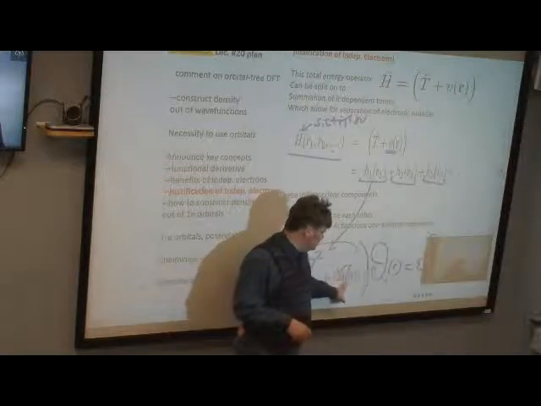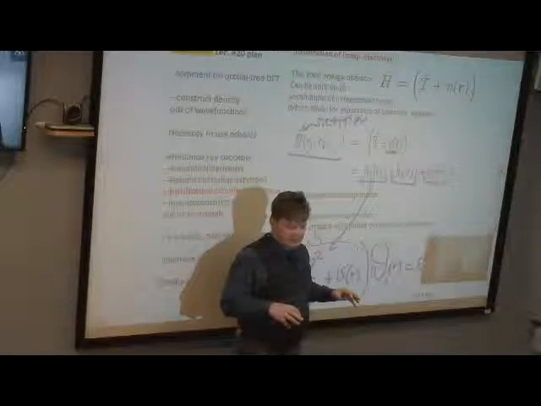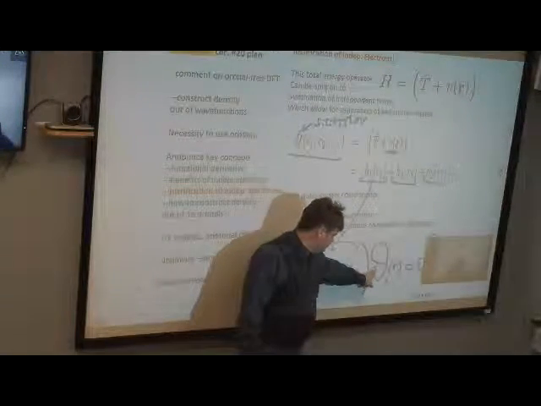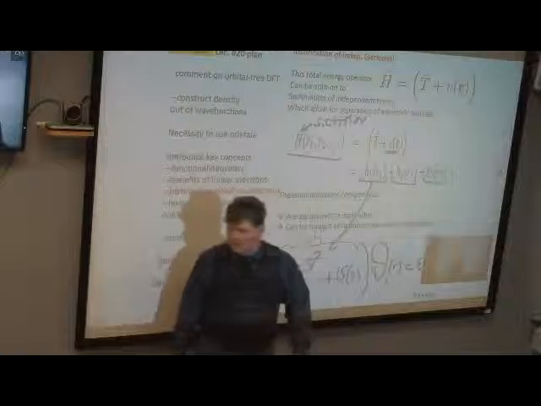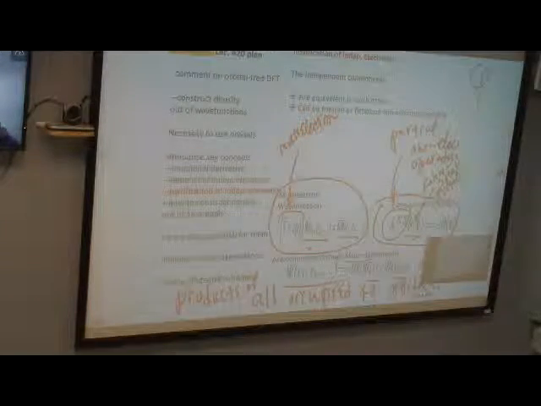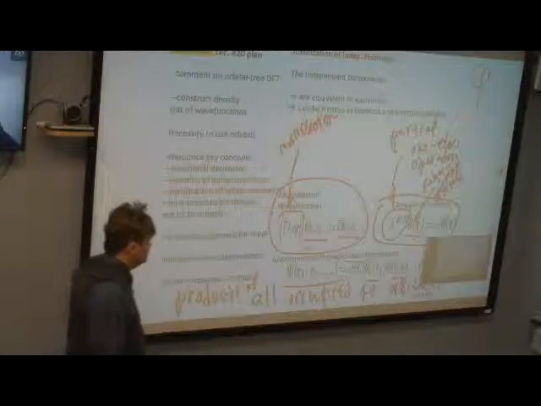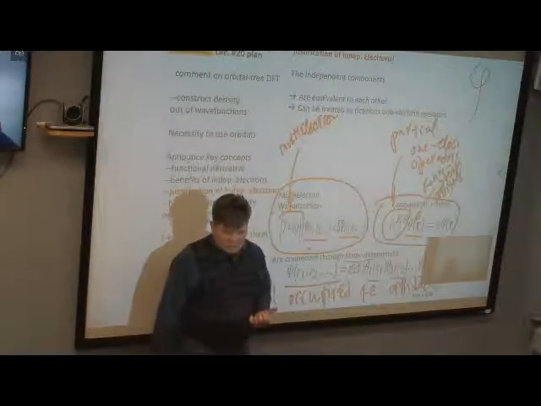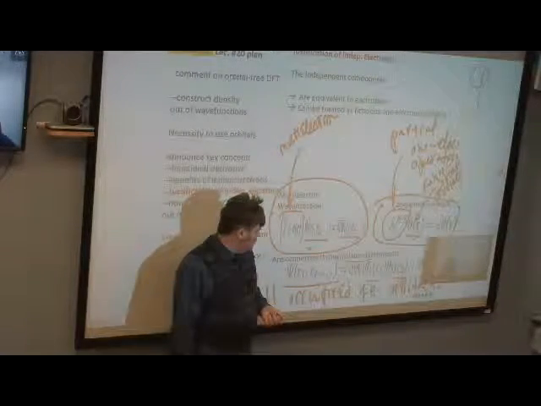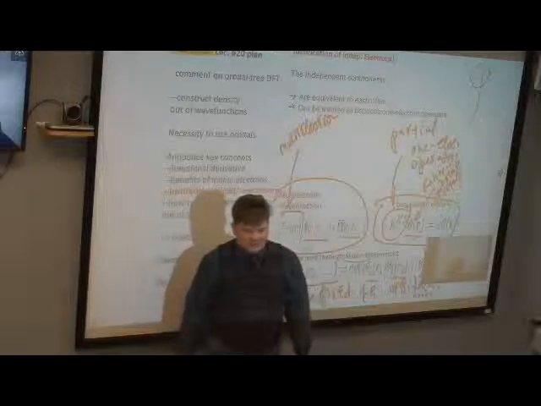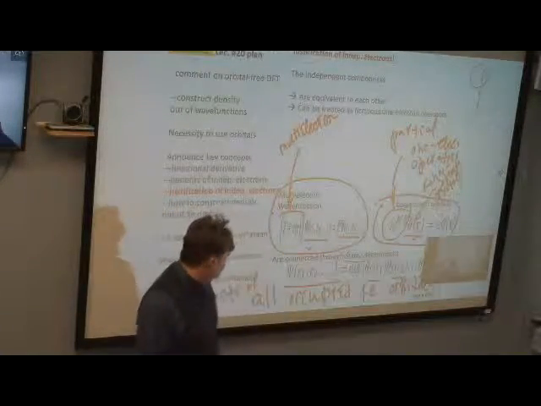Because this V is not realistic, it is like an abstraction. So those are Kohn-Sham orbitals, and those are Kohn-Sham potential. And the wave function for the ground state in this Kohn-Sham universe is expressed as a Slater determinant of all occupied Kohn-Sham orbitals, right?